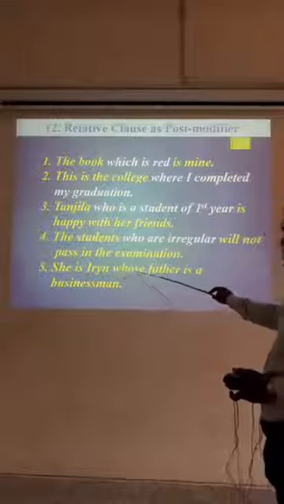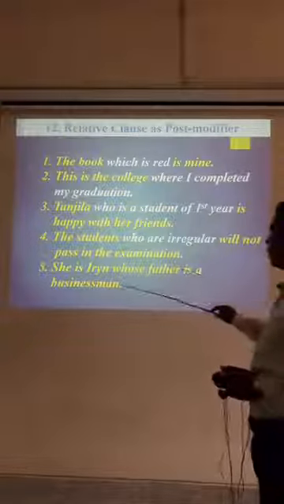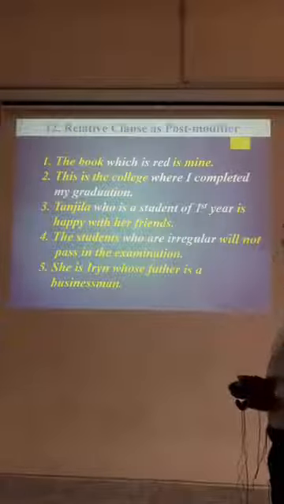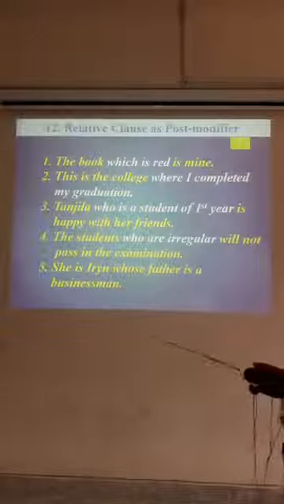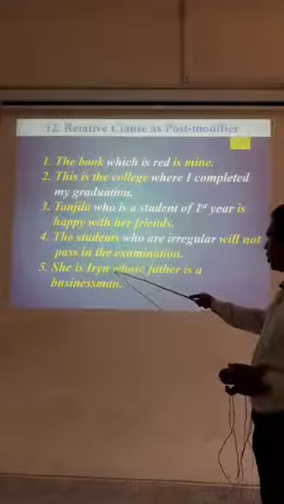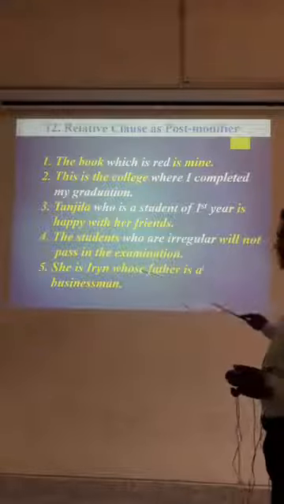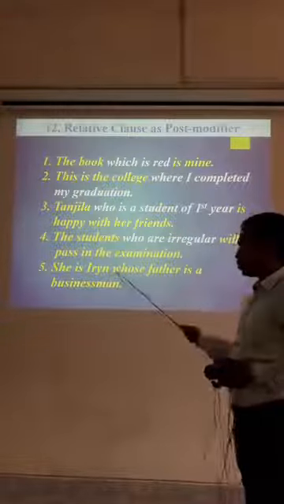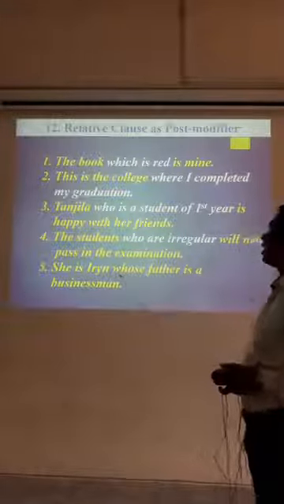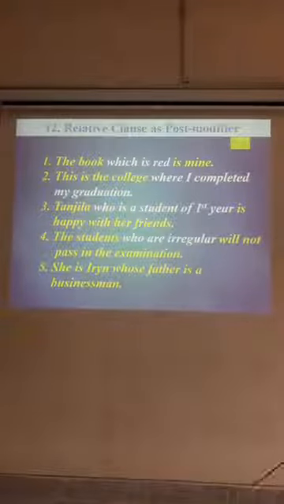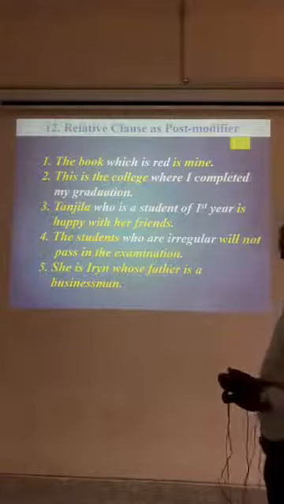So you can see, from whose to businessman is a relative clause used here as a post modifier. Okay, these are all the post modifiers I will discuss. Now it is up to you to know it very well.